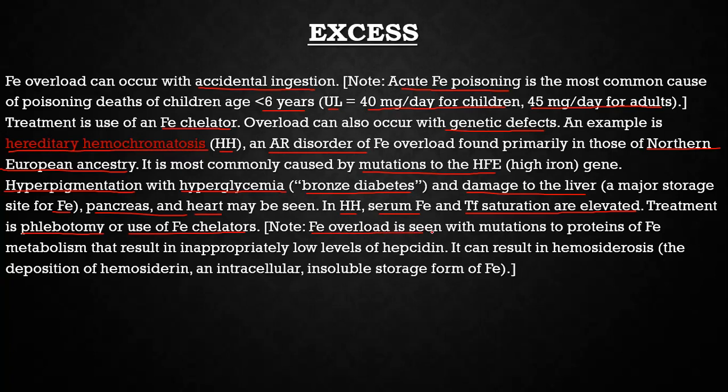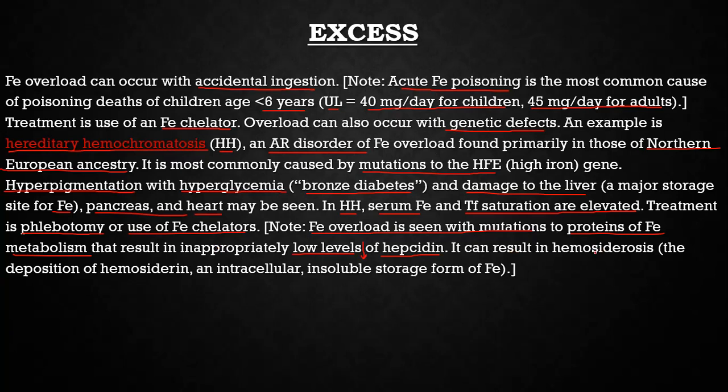Iron overload can also be seen when you have mutation of proteins of iron metabolism. How? Let's say one has a mutation of hepcidin, resulting in low levels of hepcidin, inadequate hepcidin. When there are low levels of hepcidin, the body assumes that you don't have iron in the body, but in this sense, maybe you have. So ferroportin will be transporting more iron into the body, so there will be iron overload, increased serum iron levels.